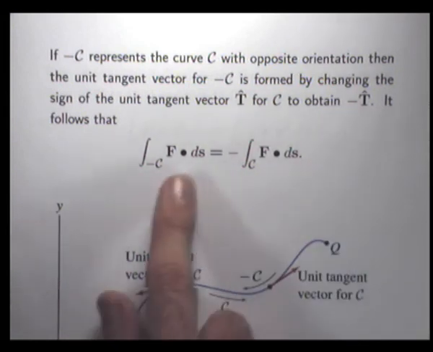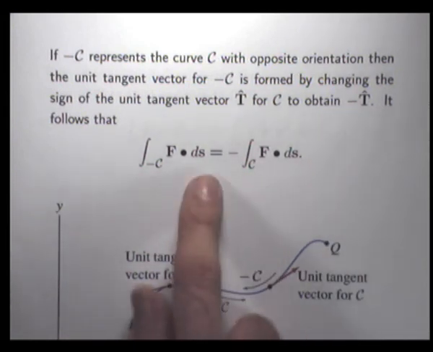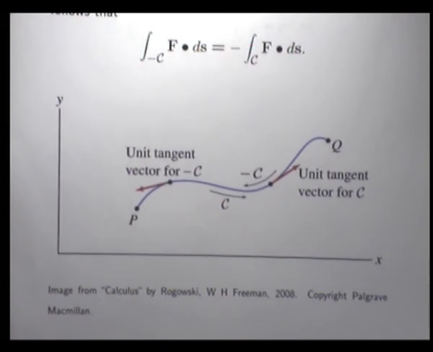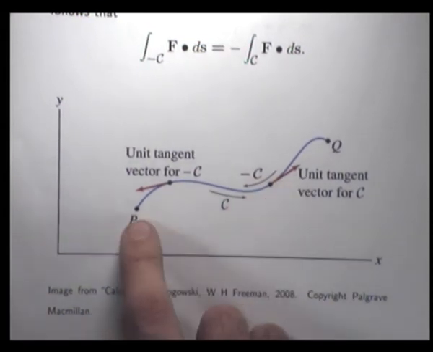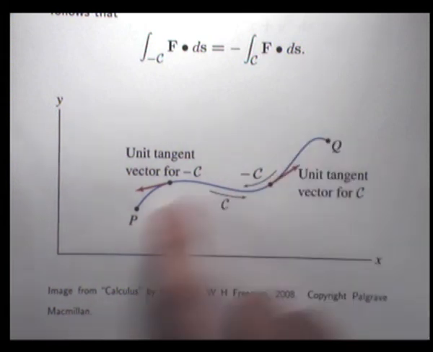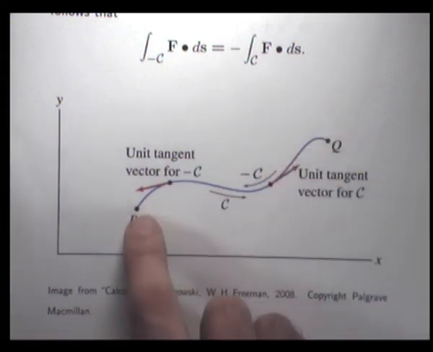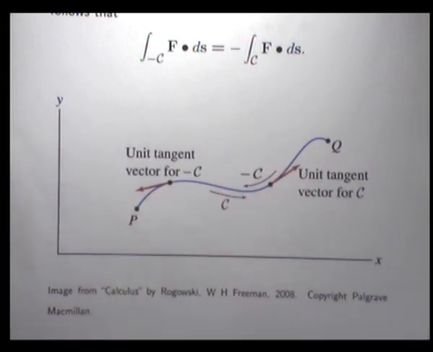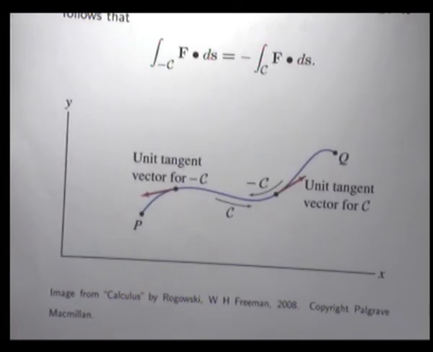Okay, so you get this relationship here. You can easily do that from first principles. All right, so if this is the forward direction for curly C, then the pink is the unit tangent vector. You just rotate it by 180 degrees to get the unit tangent vector in the opposite direction.